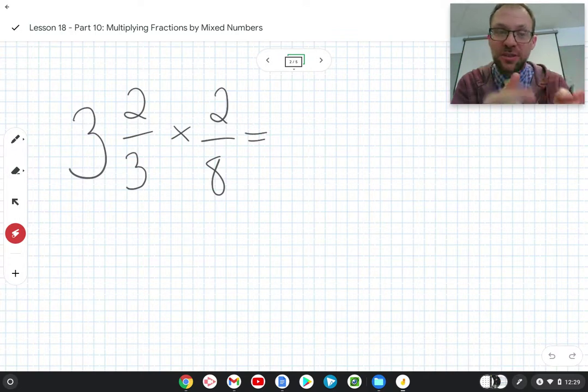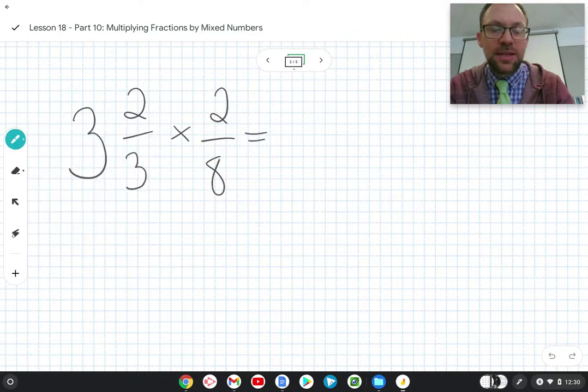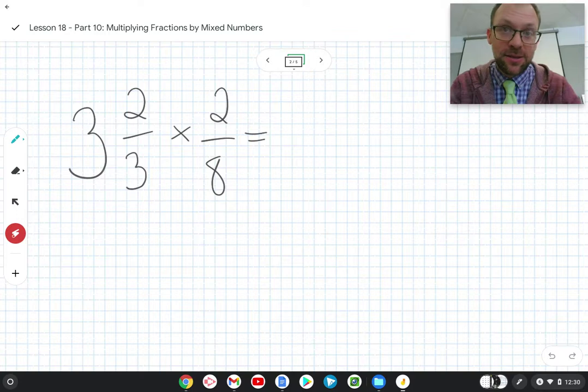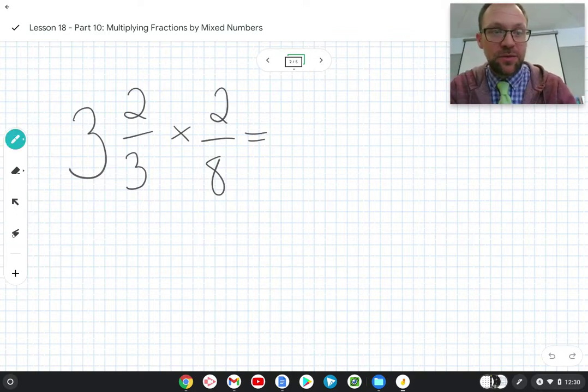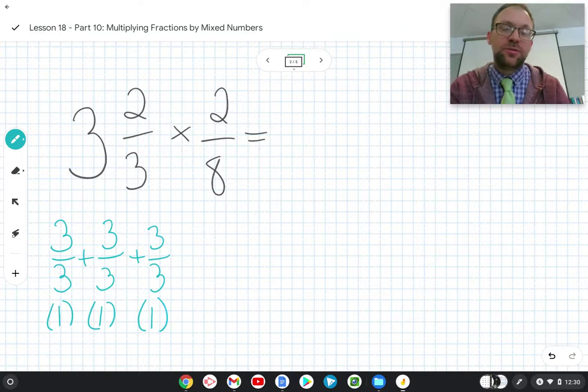Addition strategy first. Recall that if we think of three wholes as three whole sets of thirds, so that is 3/3, that represents one whole, plus another 3/3, which represents another one of the three wholes, plus another 3/3, and that represents another one of the three wholes.